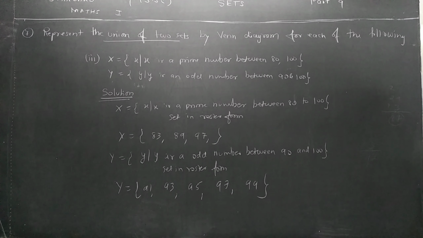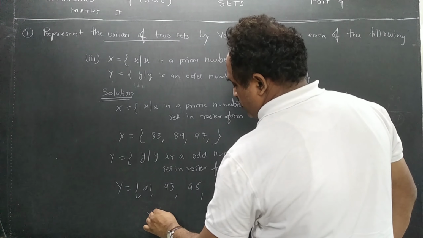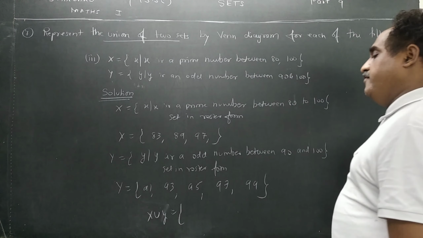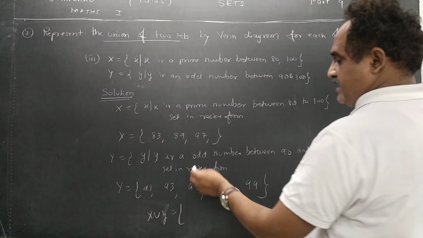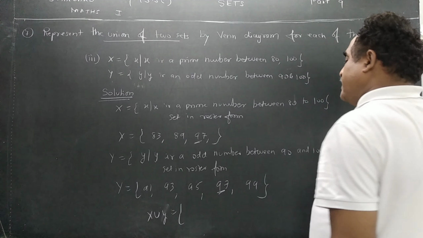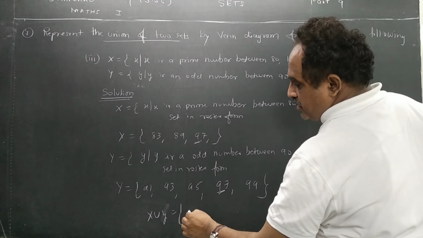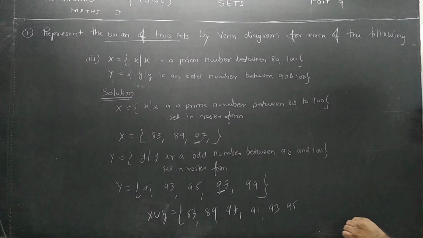So I told you that whatever we have to find out what union. So X union Y. So number of which is the only common element between them. So 97 is the only common element between these two, right? It is. So I will write it as what? 83, 89, 97, 91, 93, 95, 97.